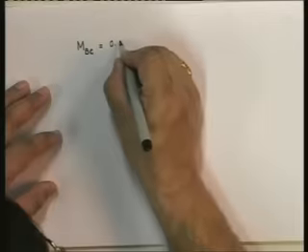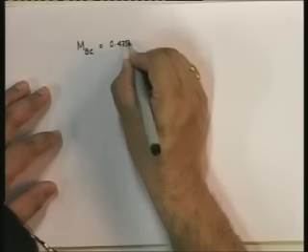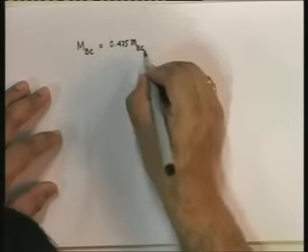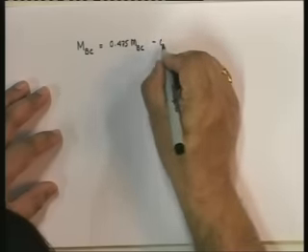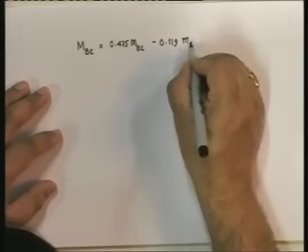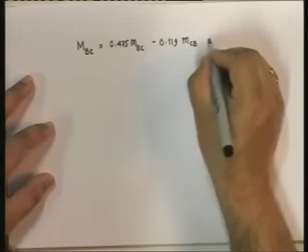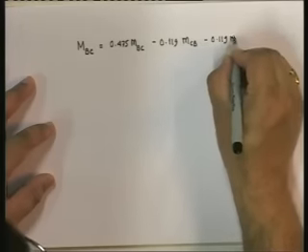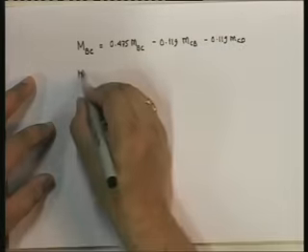So we are only interested in the ones where the fixed end moments are non-zero. So we have 0.475 MBC minus 0.119 MCB and then minus 0.119 MCD.